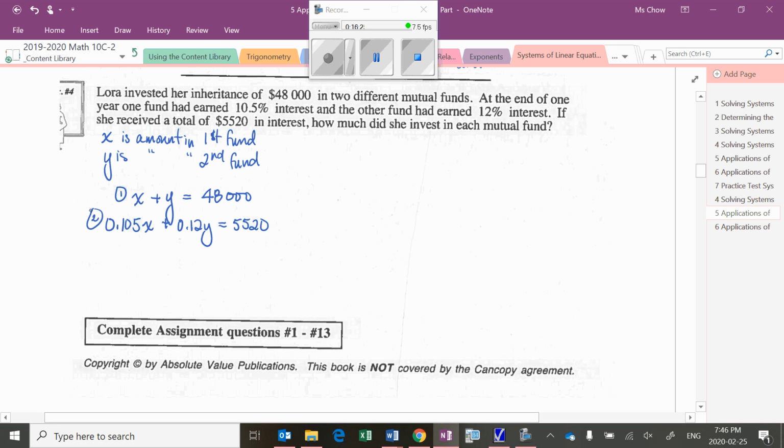So now that we've got our two equations, we can decide whether we want to solve using elimination or solve using substitution. Totally up to you.